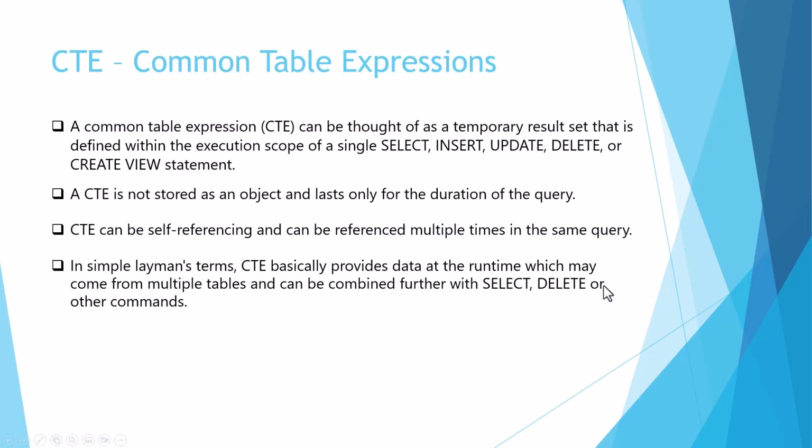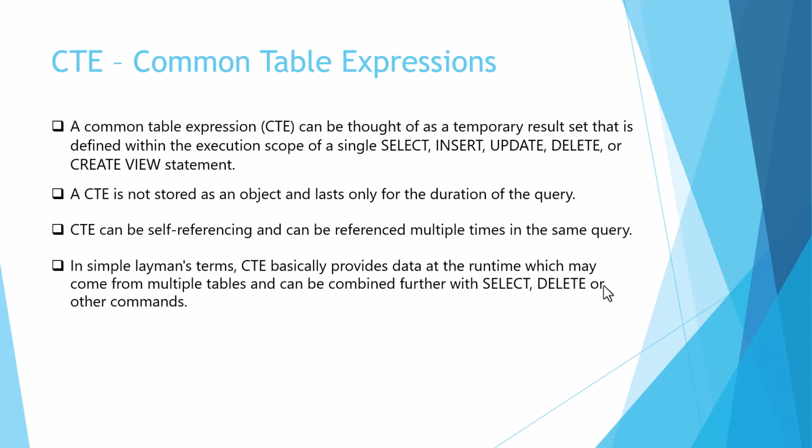CTE is also commonly known as common table expression, and it can be thought of as a temporary result set that can be defined within the execution scope of a single select or insert or update or any DML query. A CTE is not stored permanently as an object and only lasts for the duration of the query. So typically it's a kind of data set that you get.